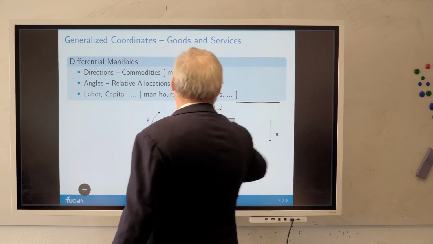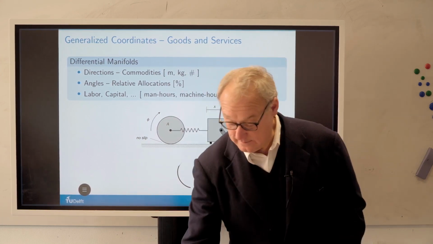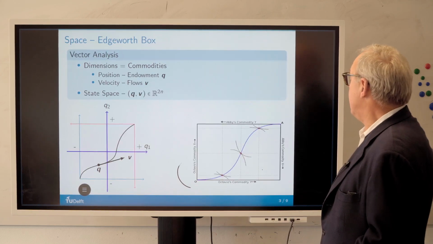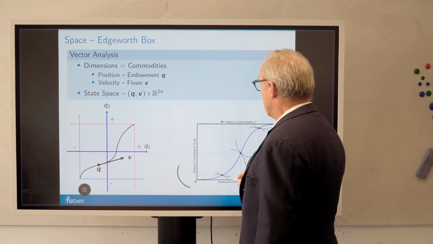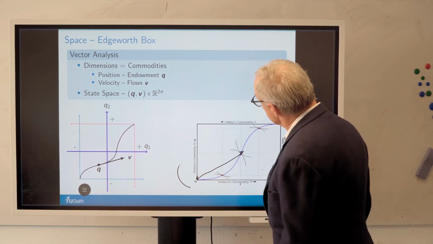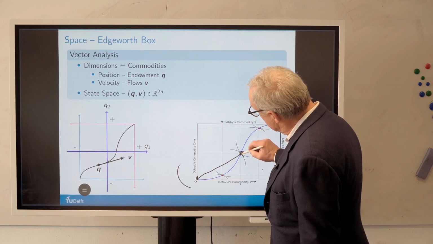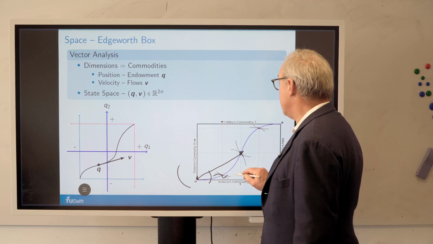Now, if you go back to this Edgeworth box, you see that, of course, I can give these coordinates, but I could also say, well, in total this amount, and this is my relative allocation, right?